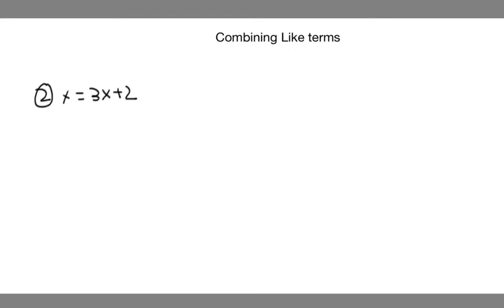Okay, so in this equation, we have to set it up a little bit differently, but it should nonetheless be pretty easy for us. First, we want to solve for x, so we want to get all the x values to one side.